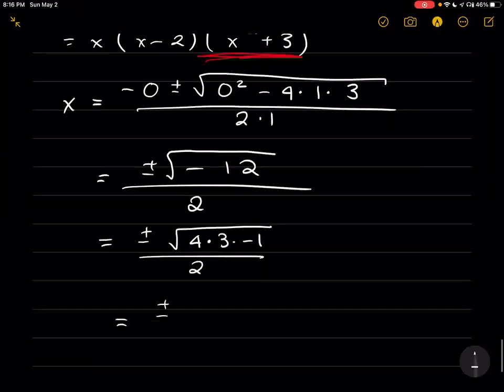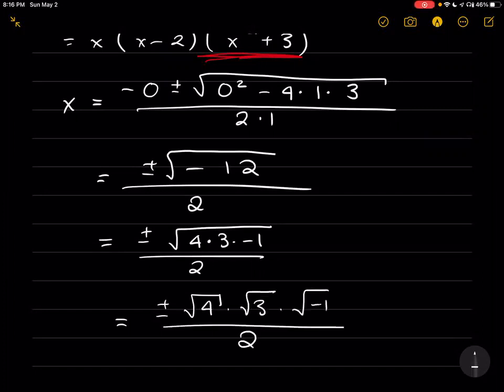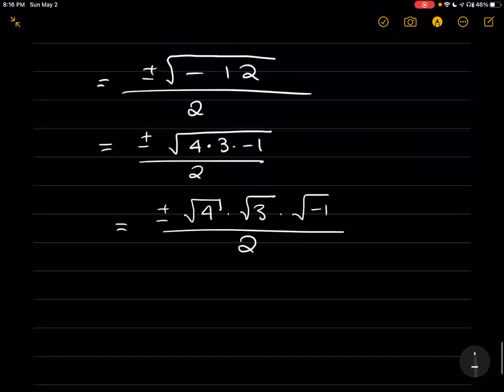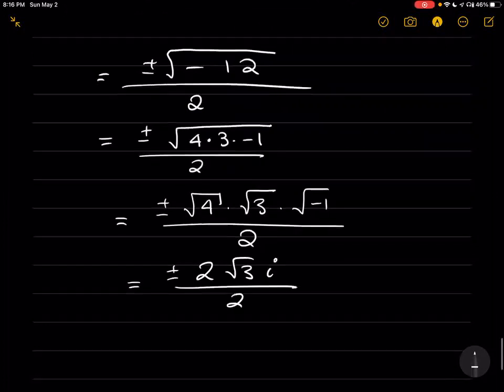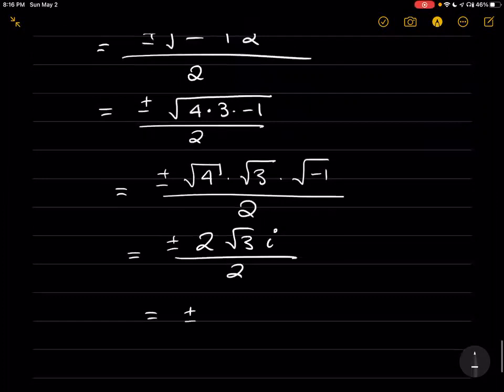Then plus or minus the square root of 4, the square root of 3, the square root of negative 1. And I get to break it up because we're doing multiplication, not addition, so that's still legal. Plus or minus the square root of 4 is 2, and then the square root of 3, and then on the right, the square root of negative 1 is i, over 2. The 2's cancel, and we get plus or minus the square root of 3 times i.